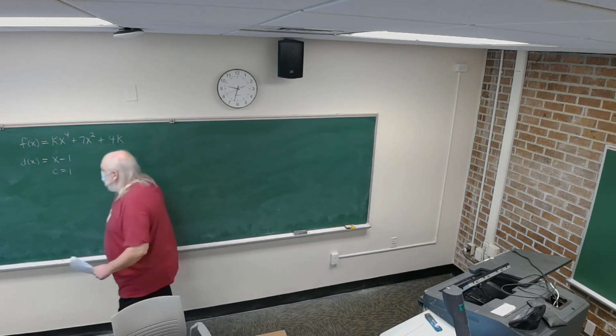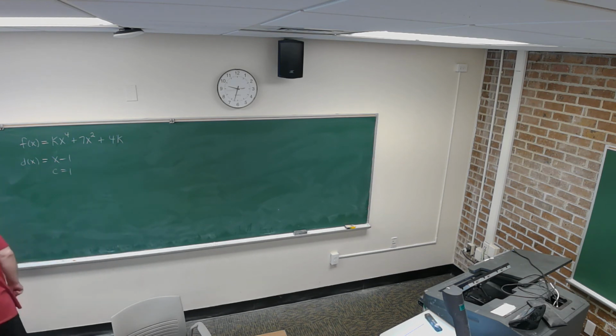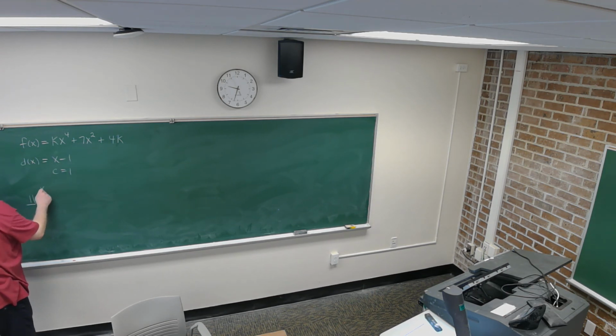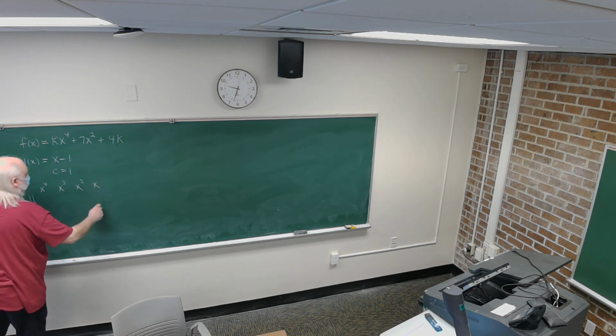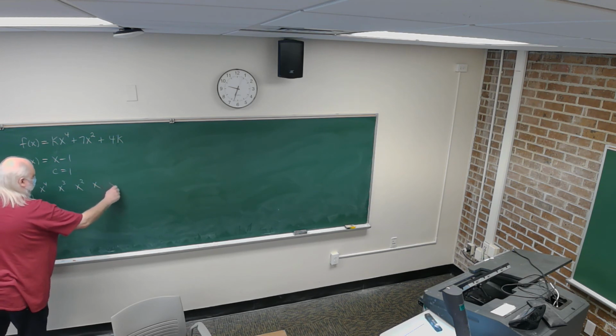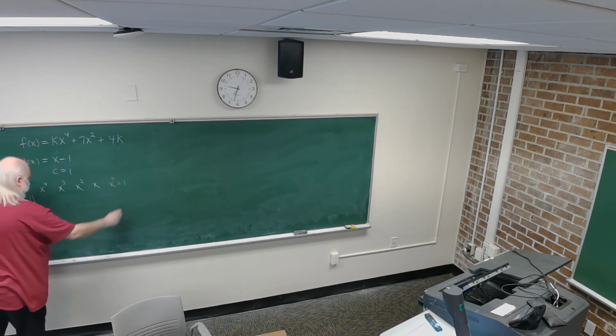Okay. To set this up using synthetic division, 1 goes in the box. And then what are the coefficients for a 4th degree polynomial? Well, we've got x to the 4th, x cubed, x squared, x to the 1st, and x to the 0, which is 1.